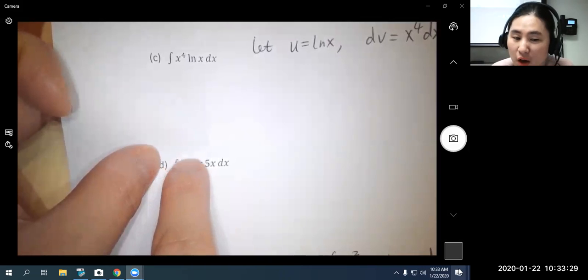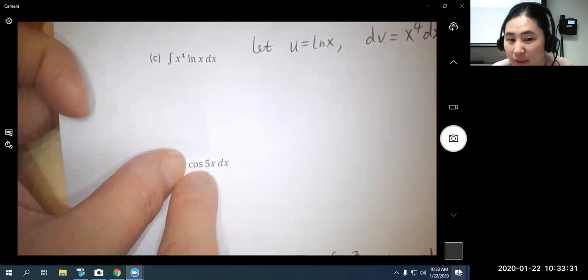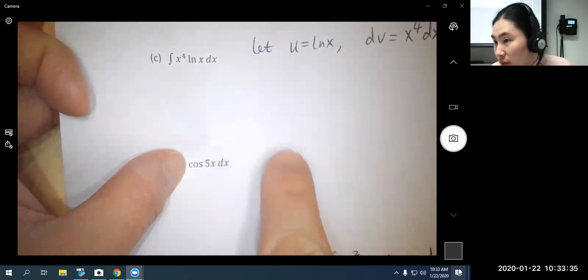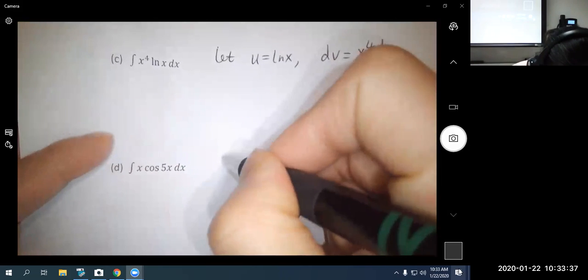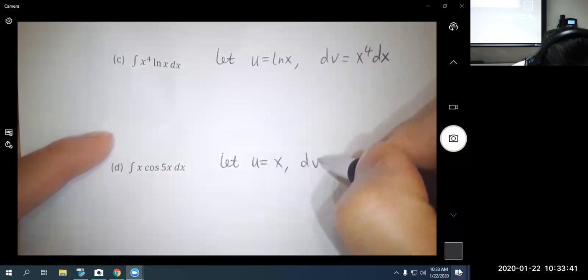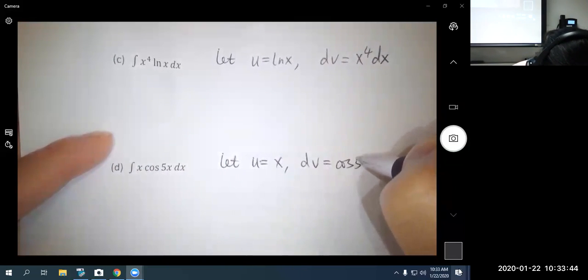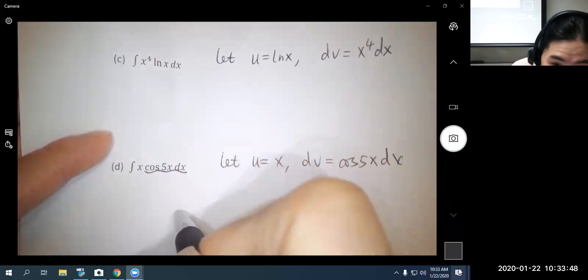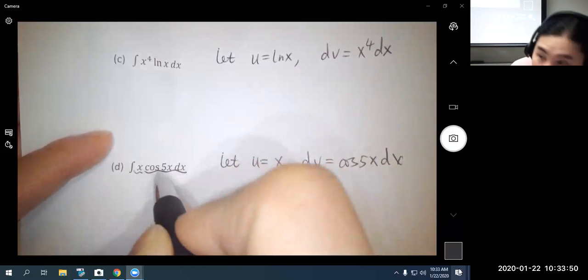So the derivative of x is 1, which is simpler. And then when we integrate this cosine, we still get the same type. So we're going to let u equal x, and dv equal cosine of 5x dx, okay? So cosine of 5x dx is dv, this is u, right?